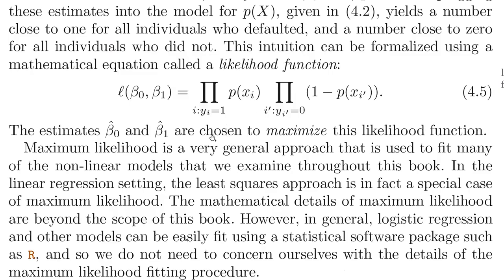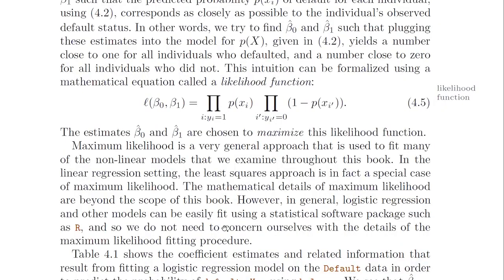So instead of defining the residual sum of squares, the RSS, we're defining the likelihood based on beta naught and beta 1.